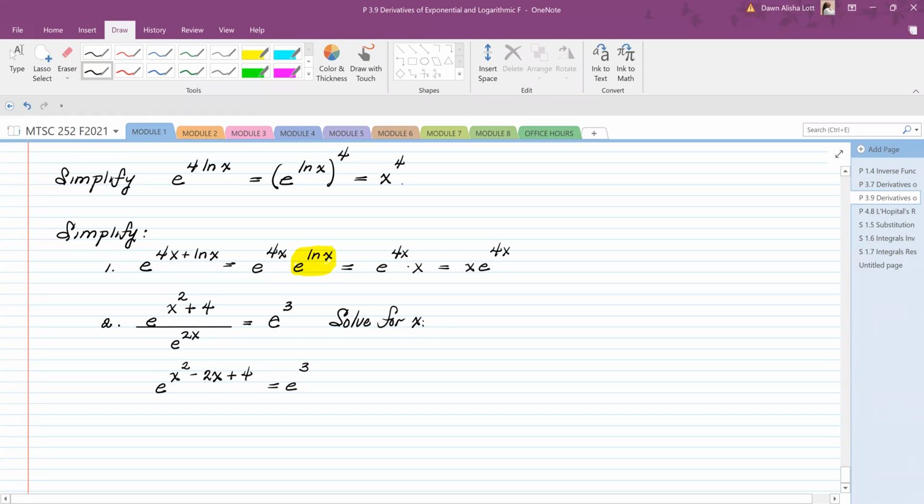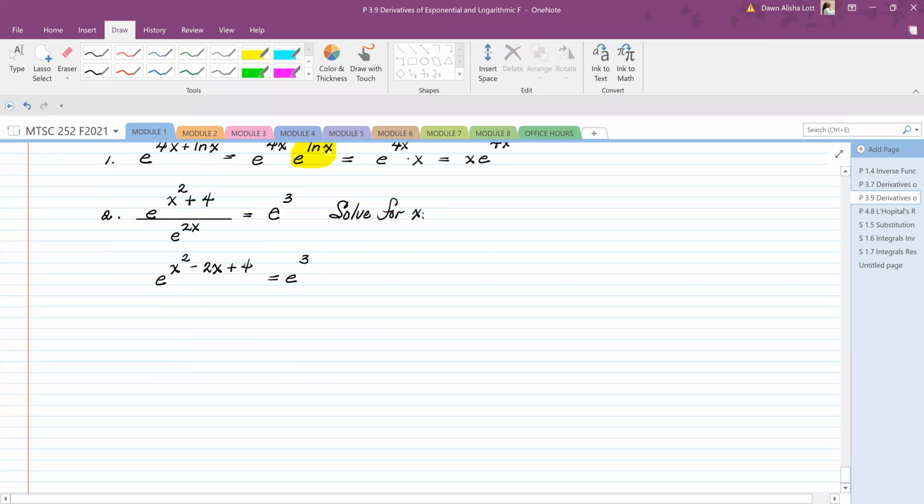Right. So then take the log of both sides. It's equal to the log of e cubed.